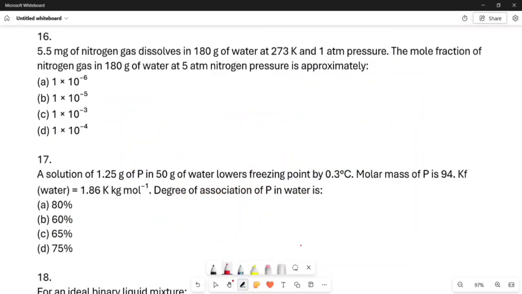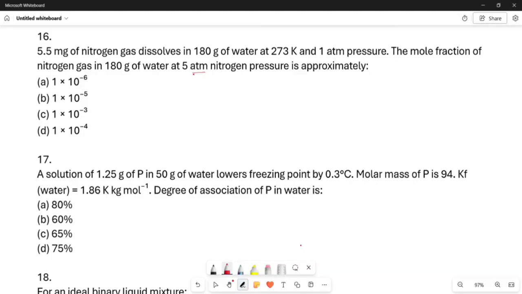Question number 16. 5.5 milligram of nitrogen gas dissolved in 180 gram of water at 273 Kelvin and 1 atmospheric pressure. The mole fraction of nitrogen gas in 180 gram of water at 5 atmospheric nitrogen pressure is approximately dashed. Here, first we have to calculate the mole fraction of nitrogen. Already we know that solubility of gas depends on mole fraction.